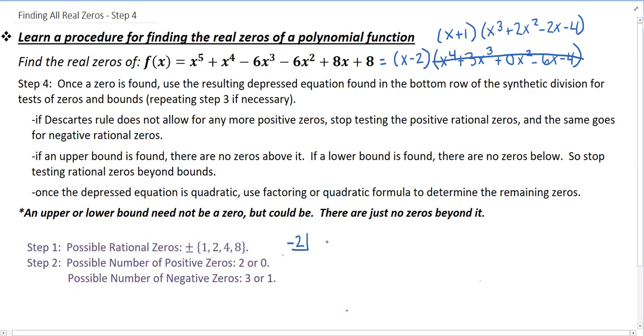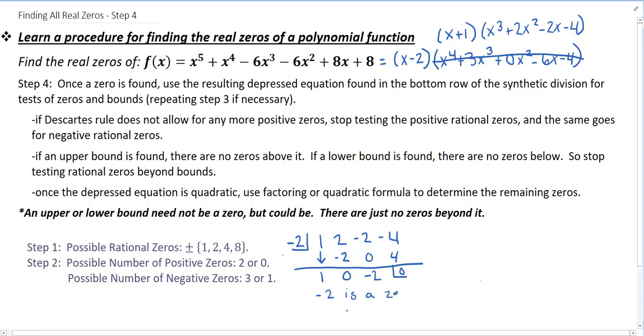And we're going to continue to use our depressed equation with coefficients 1, 2, -2, -4. So we pull down that leading 1, multiply by our a, which is -2, combine, multiply by a, combine, multiply by a, combine. And we can see, because that remainder is 0, that -2 is a 0.